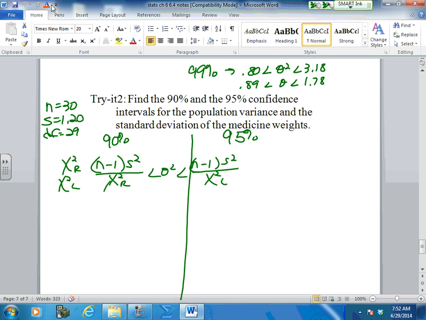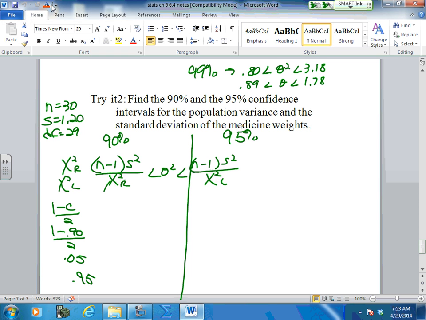So for your 90%, let's look up an x2r and an x2l. I'm going to use 1 minus c over 2, because this is the one we normally use. 1 minus 0.90 gives us 0.10, divided by 2 is 0.05. What's the other one? 0.95. Good.